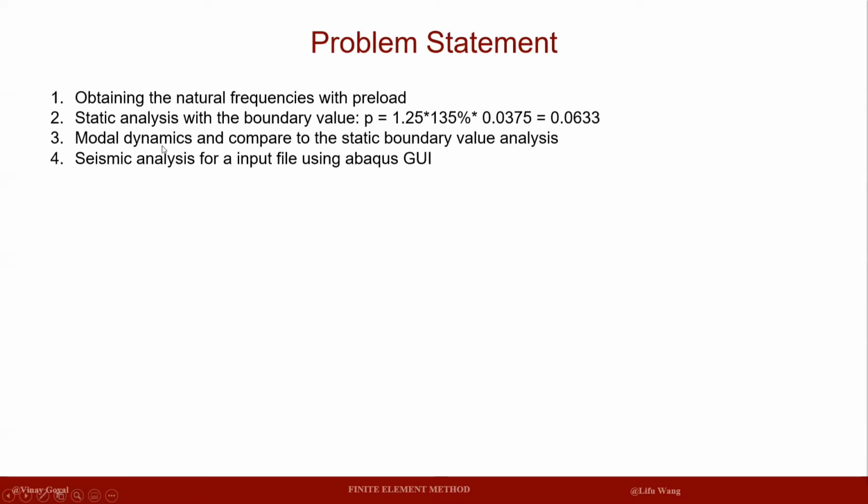And then we're going to compare that with the modal dynamics with 0.5 seconds of impulse, same value as the static load, and see how the results differ between these two cases.